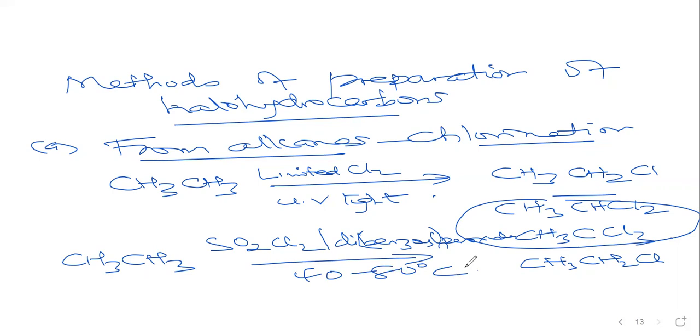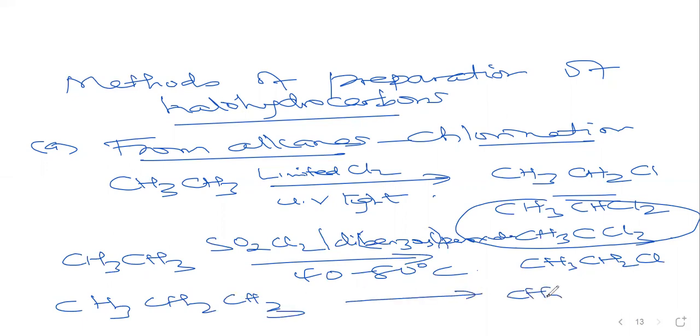It will give you chloroethane. Even if I elongate this chain and I use propane, CH3CH2CH3, I can convert it to chloropropane using the same reagent: sulfuryl chloride, dibenzoyl peroxide at a temperature of 40 to 80 degrees Celsius.